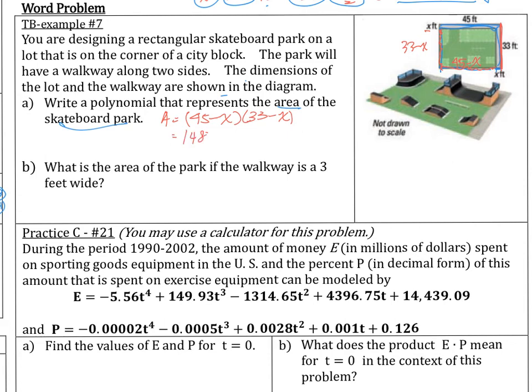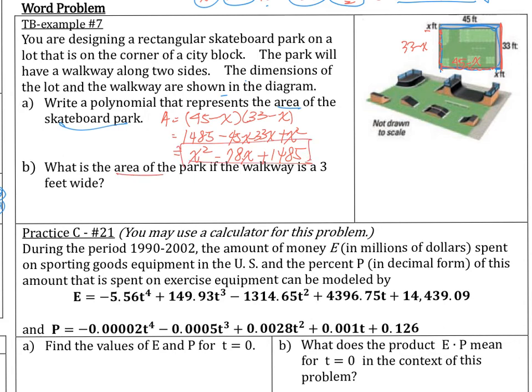So 1485, 45 times 33, subtract 45x, subtract 33x plus x squared. Okay? And then finally, minus 78x plus 1485. Okay, so this will be the polynomial: x squared minus 78x plus 1485.